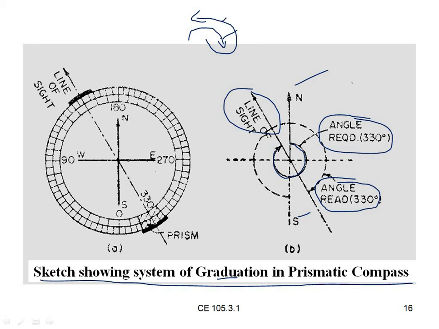Okay, so here you can see 180, 270, 0, 90, north, west, east, south. So if you see with the prism, this is our line of sight.